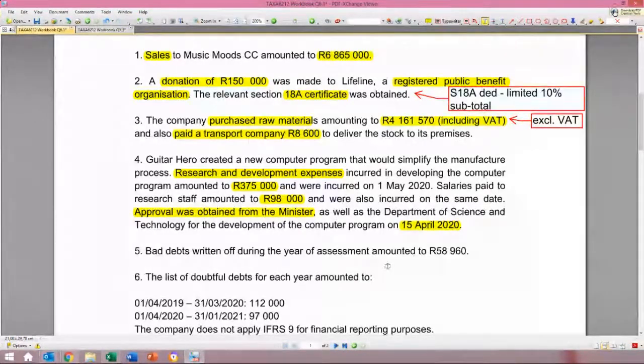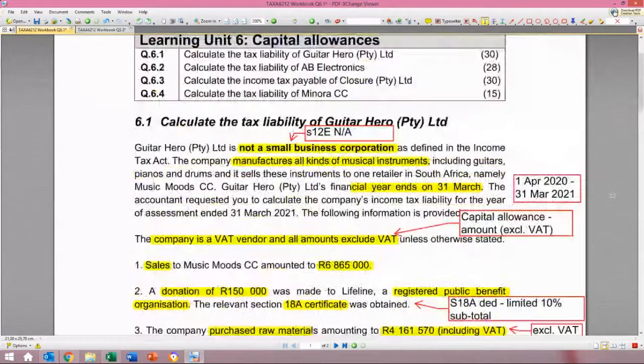Okay, now what did we say are the requirements for this? For the deduction of our R&D expense, we said it needs to meet the requirements, it needs to be approved, and there was one more thing. Oh, it's incurred in South Africa. Now, for this scenario, you can assume that it is in South Africa based on the fact that they tell you they sell it to retailers in South Africa.